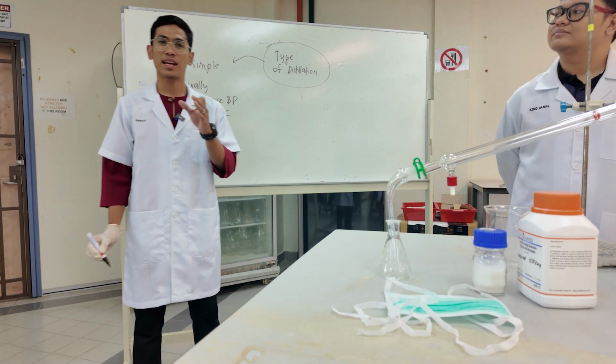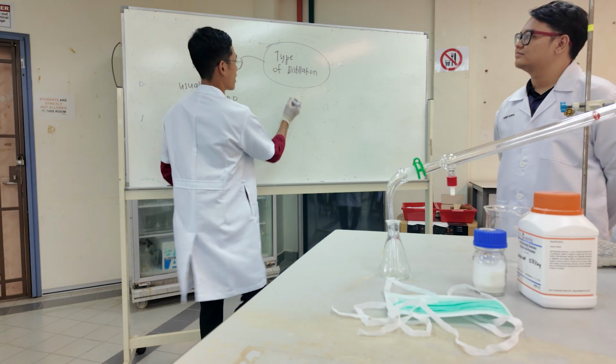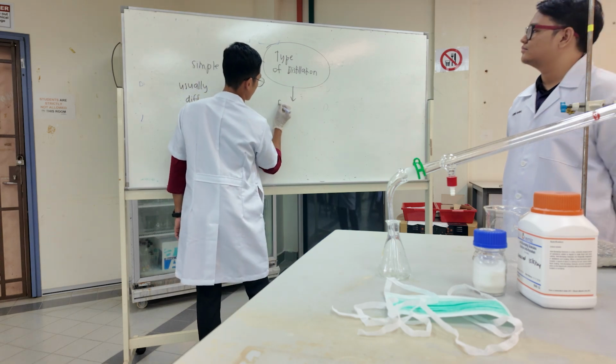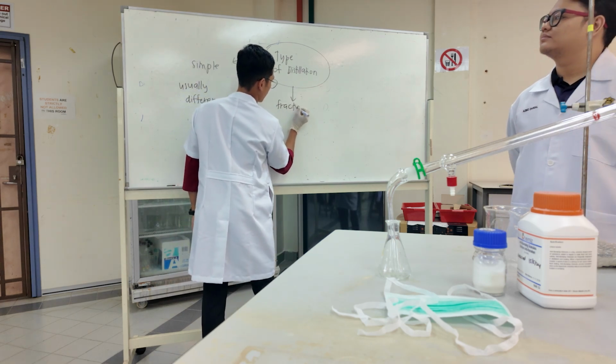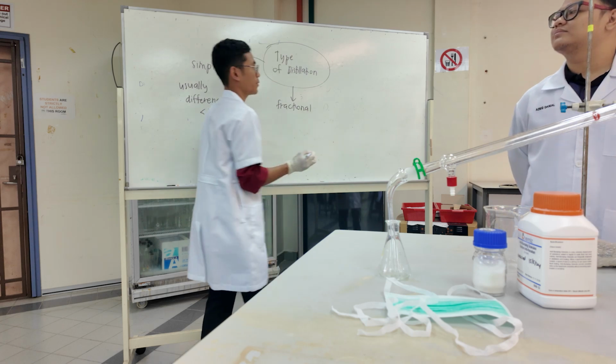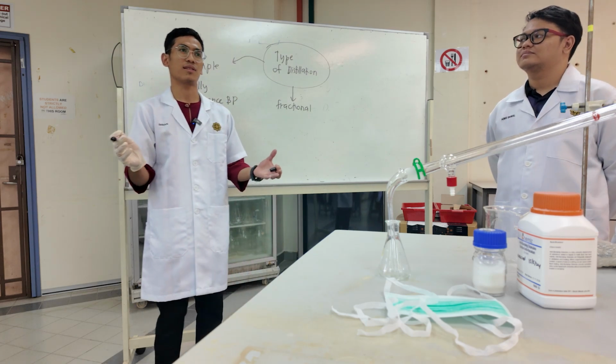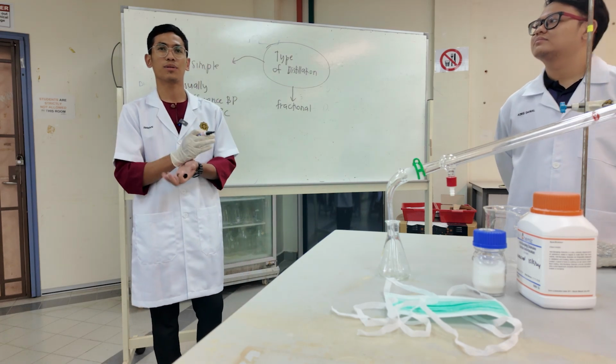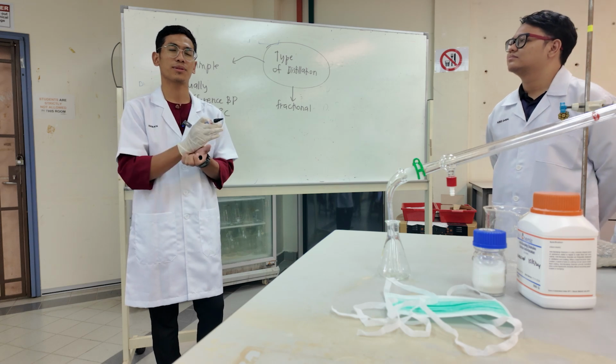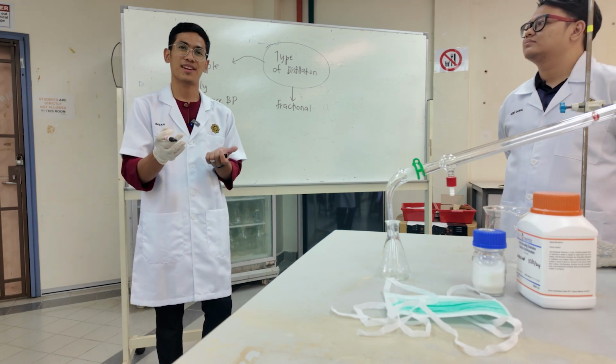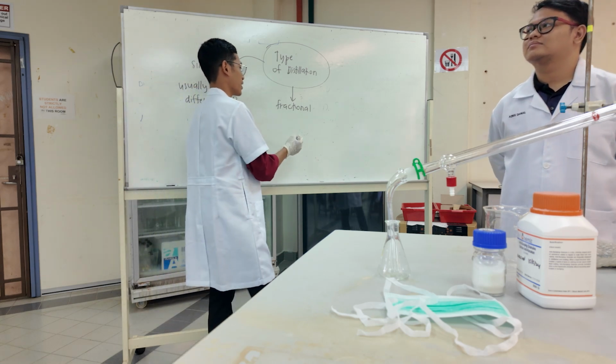For the second one, fractional distillation. Usually we will see it at the large scale of industry, like when we make petrol or diesel, that is, refining the crude oil.